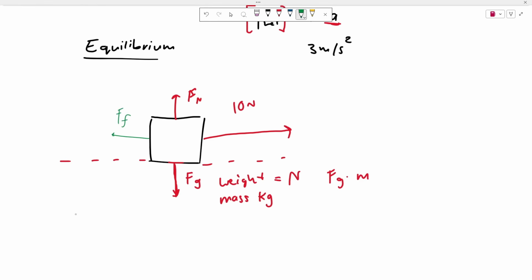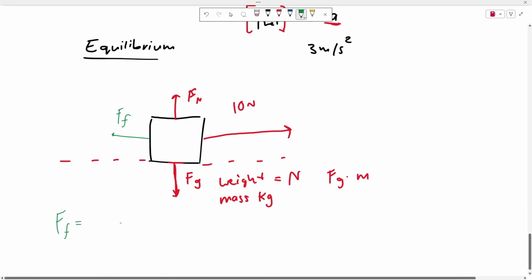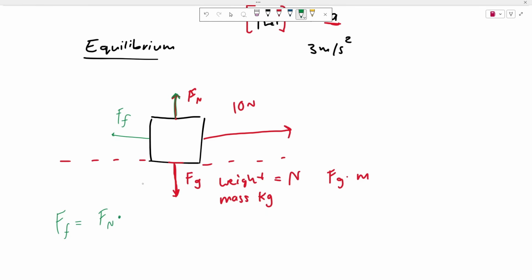And you could always calculate the force of friction as the normal force, or whatever is going upwards like this, times the coefficient of friction. Every single material has a certain coefficient of friction that tells you how much friction it'll exert on your object.